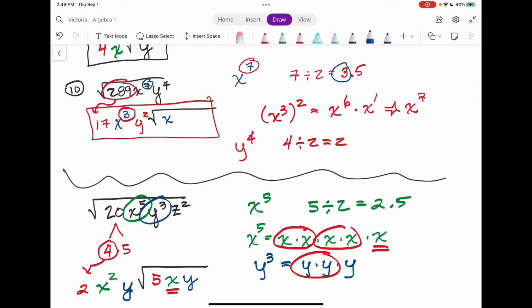And then the last one, z, I didn't leave myself much room for z, but z squared, 2 divided by 2 is just 1, so I get 1 z on the outside. So my final answer, I should get 2 x squared y z times the square root of 5xy.